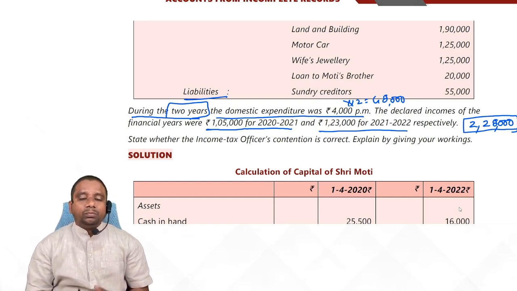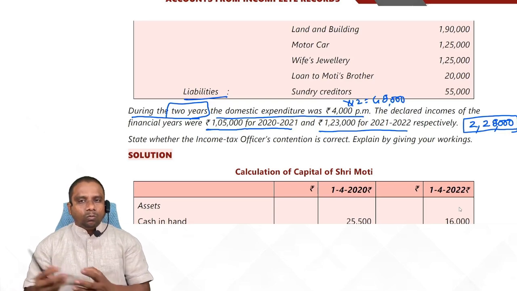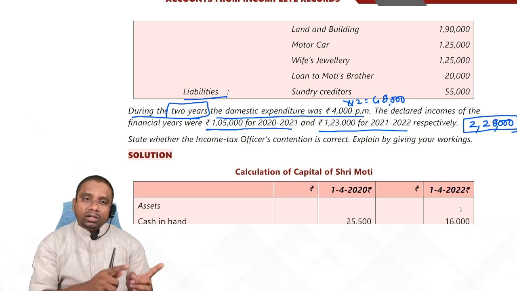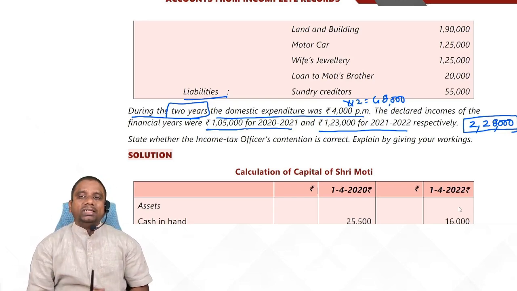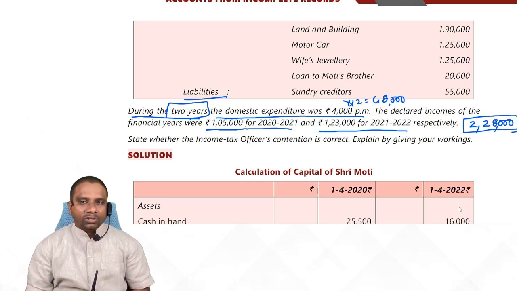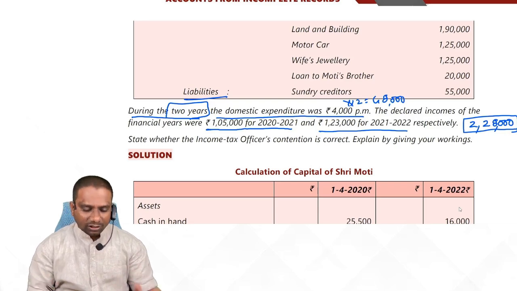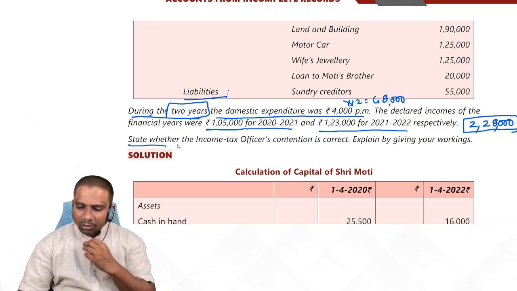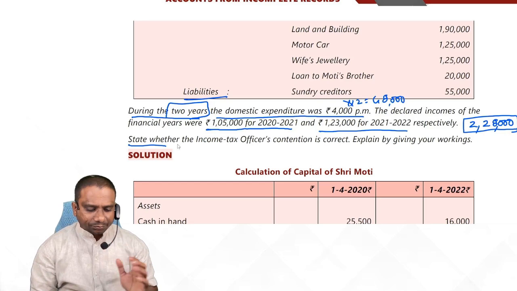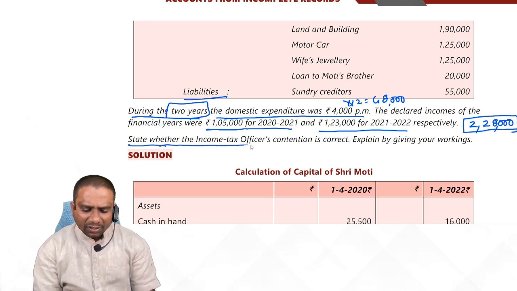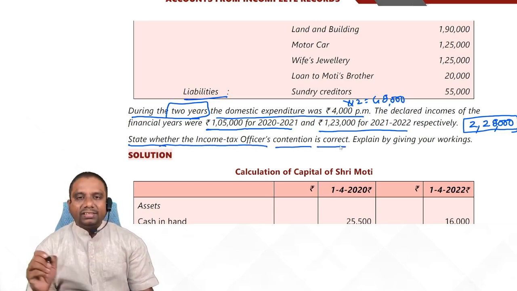We calculate profit again. If the calculated profit is less than 2,28,000, what is the situation? If the calculated profit is more than 2,28,000, then what is the situation? Yes or no, students? Yes. Now this is our calculation. State whether the income tax officer's contention is correct.